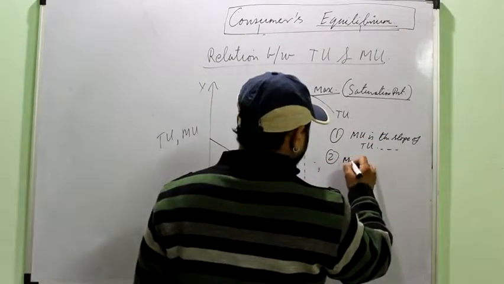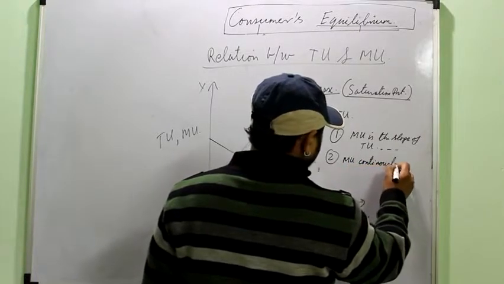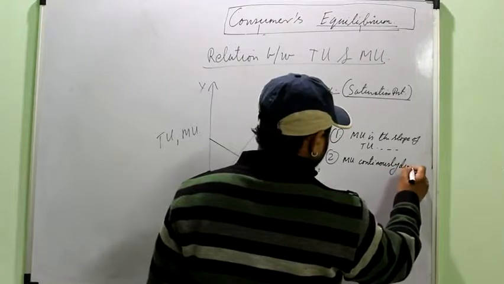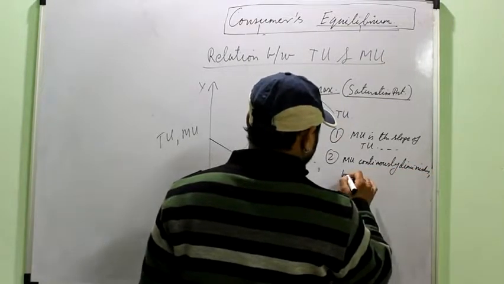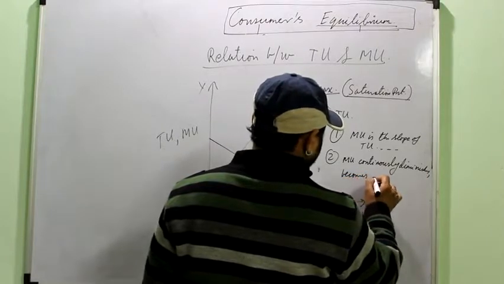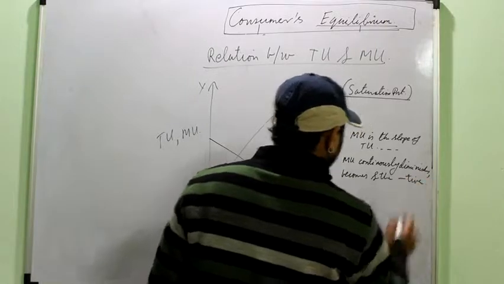Then next is MU continuously diminishes, then becomes 0 and then negative.